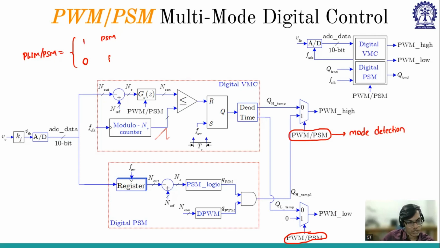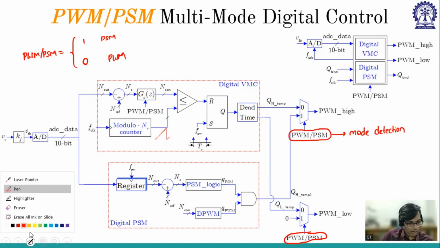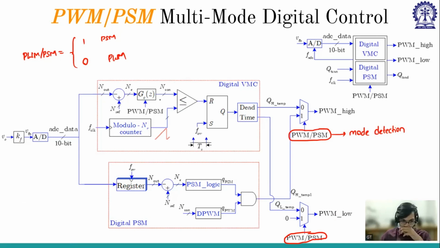And when it is 0, it is operating in PWM. So the QH temp coming from the PWM will go into the PWM high, and the QL temp that is coming from the digital VMC block will go to PWM low. So like this it can be implemented. So we can club the digital VMC block Verilog code and the digital PSM Verilog code.